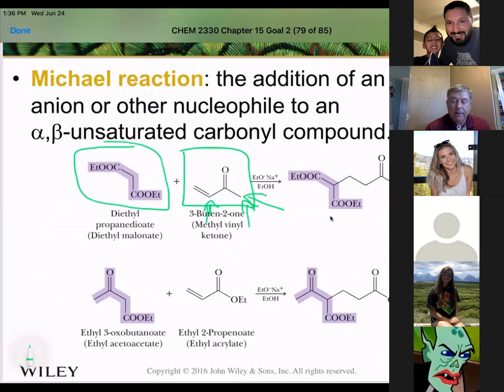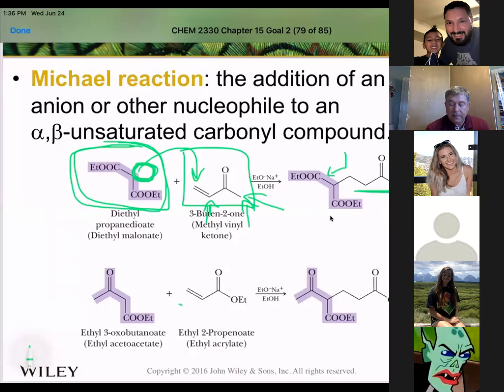in almost all Michael additions, we have a dicarbonyl compound, okay? Because we want to make sure we remove the alpha proton that's in between the two carbonyls, which is always this one here. Whenever we remove that, that allows us to do the Michael addition on the beta carbon to give us our beta. And in this case, where we have a ketone here, we have that beta addition to our compound here, giving us a ketone.